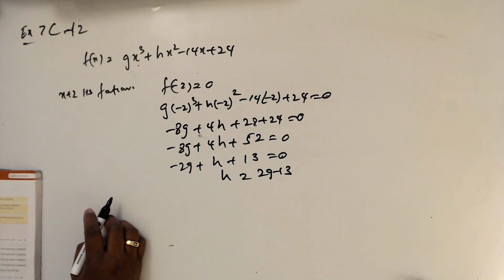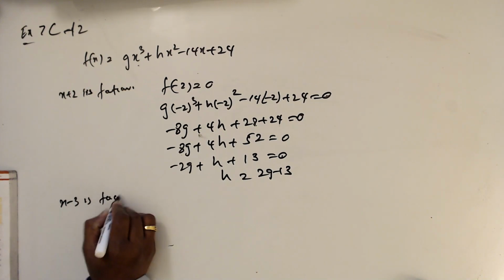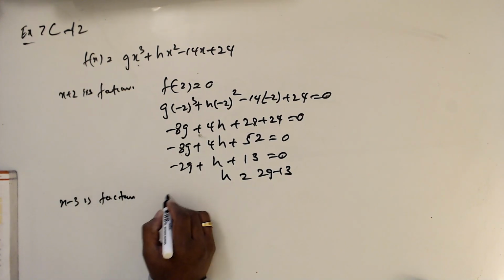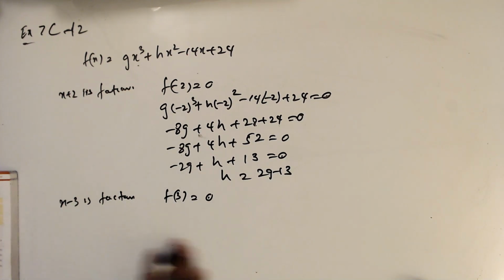Now next one is x minus 3 is a factor. Then f of 3 is equal to 0.